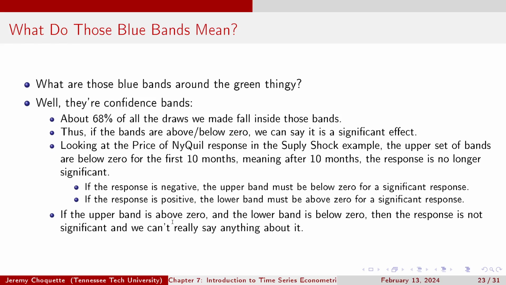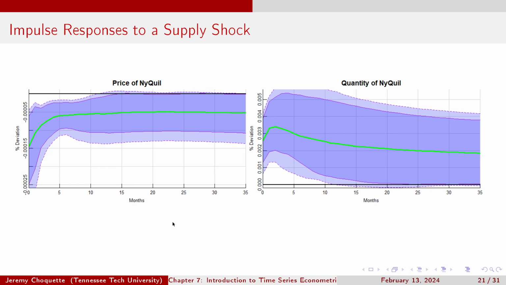So those blue bands, which I was talking about, these confidence bands, tell me about 68% of the draws fall within those bands. So if these bands are above or below 0, and what I mean is, say, for this response in quantity of NyQuil, let's just look at the solid bands here.